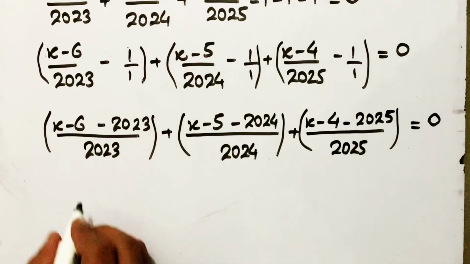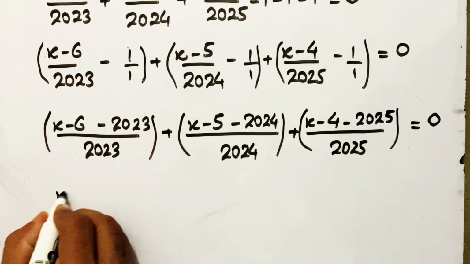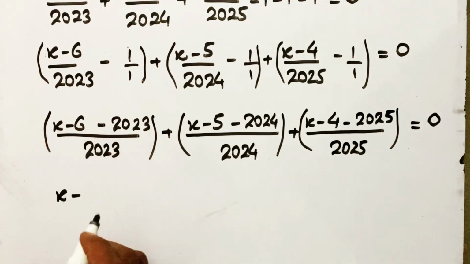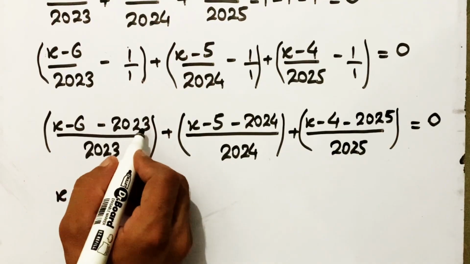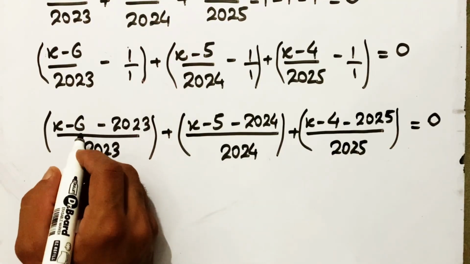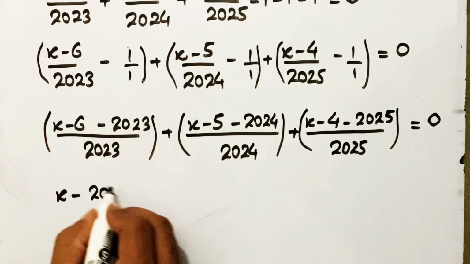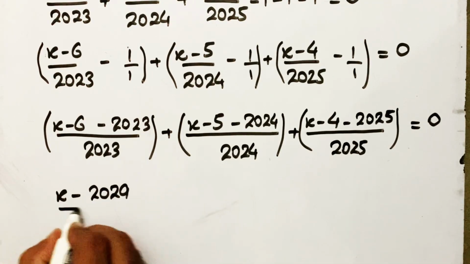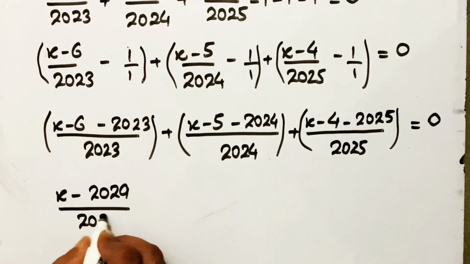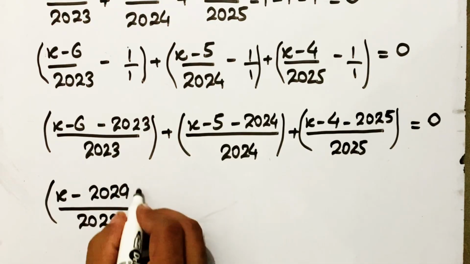The next step is to solve further. For the first term, 2023 plus 6 becomes 2029, so it is (x minus 2029) divided by 2023.